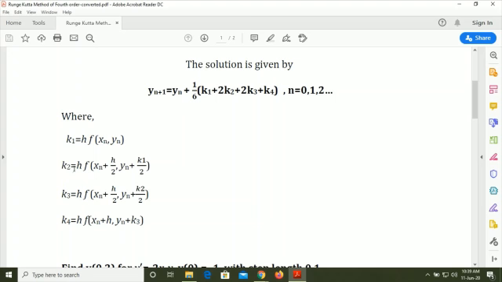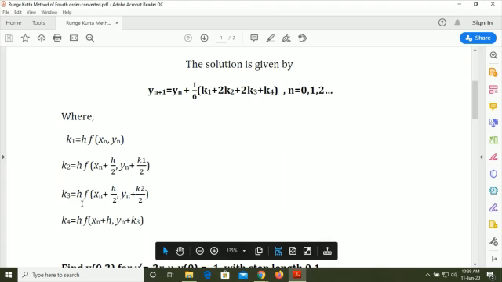Similarly, k2 is h into f(xn + h/2, yn + k1/2). k3 is h into f(xn + h/2, yn + k2/2). And k4 is h into f(xn + h, yn + k3).